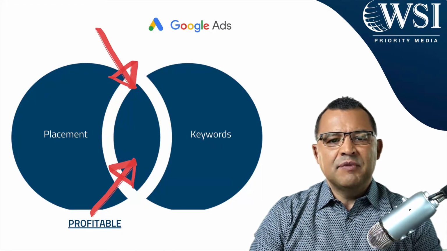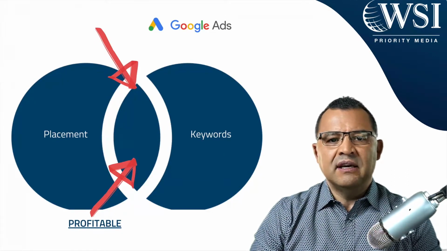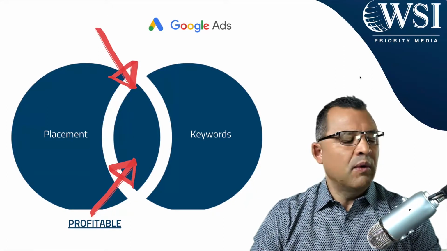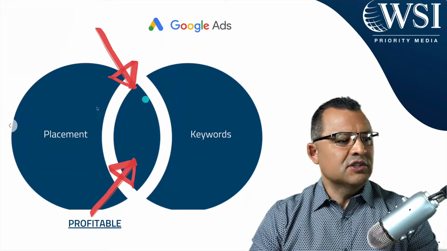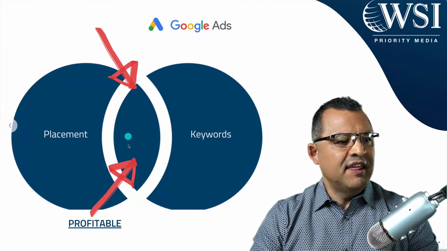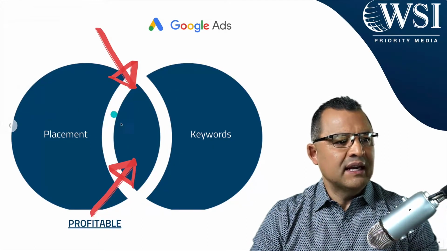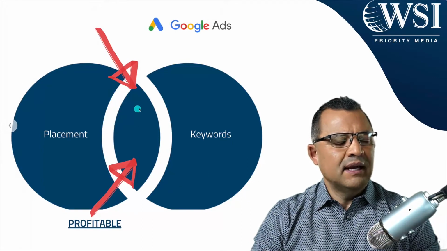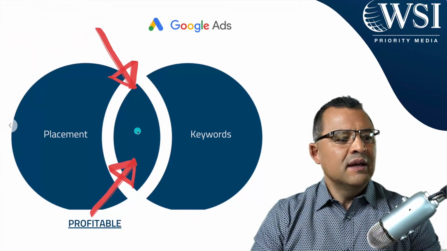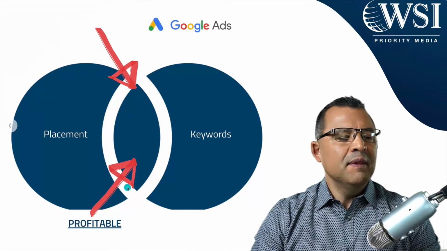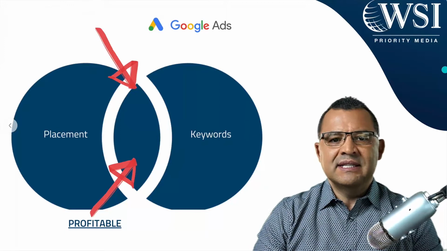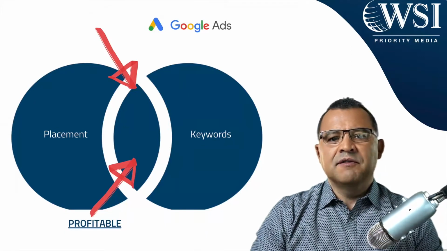It's a lot like using broad match modifiers to give Google specific instructions on who you want and who you do not want to target. So if you see this circle and this circle overlaps, this right here is the overlap. You're taking that placement and you're taking the keyword activity inside of that placement, and you are now honing in on your exact profitable audience, placement and keywords that's going to get you the right kind of traffic.